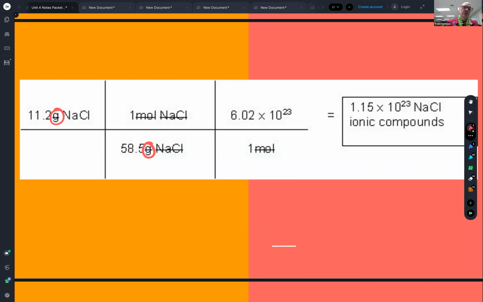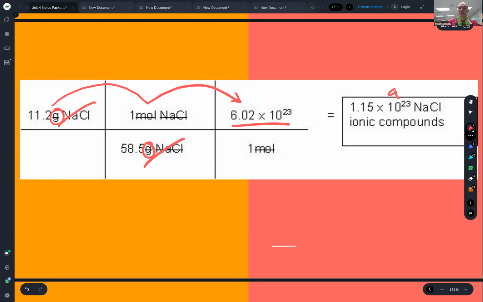So what we're going to do is multiply the gram amount times the mole ratio times the number of atoms. Well, what this does is it cancels out the weight, and it leaves us with the atoms that we want. Or in this case, molecules.